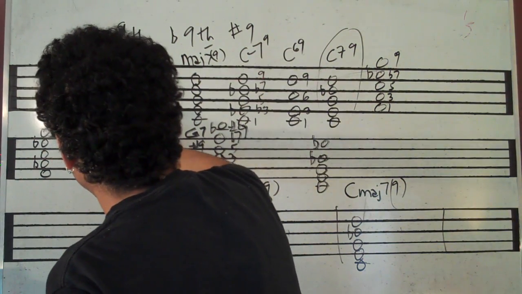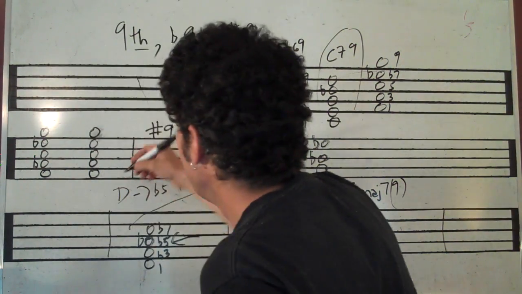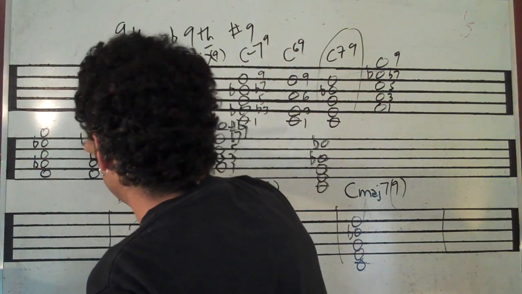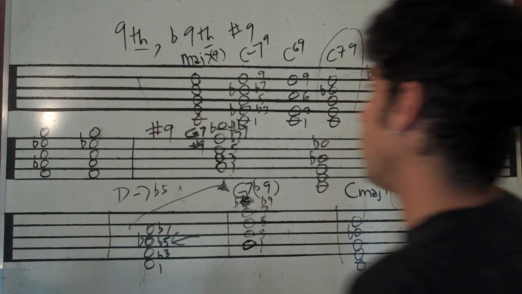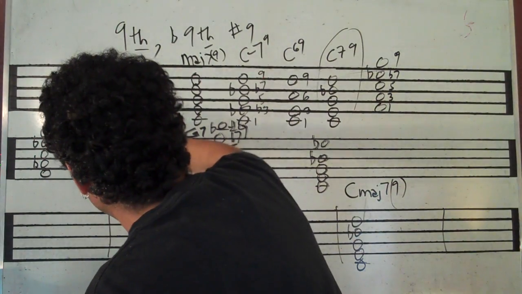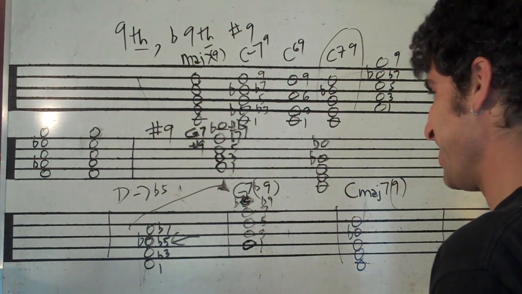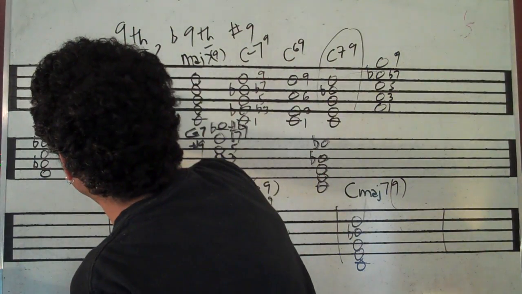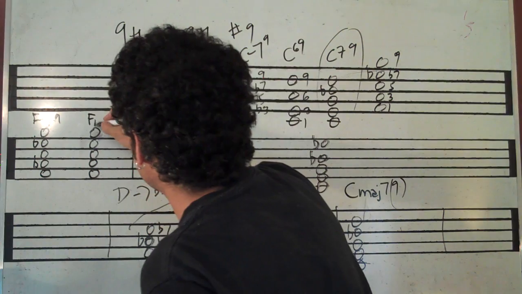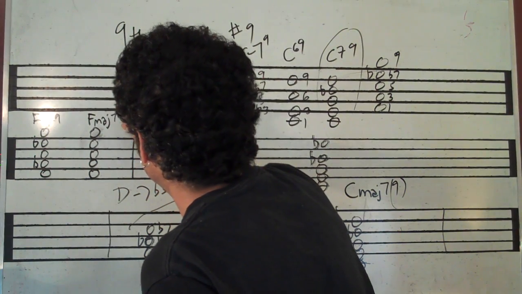Oops, getting sloppy here. No, it's a major chord. There it is. So this is F minor 7 with the 9, and this is F major 7 with the 9.